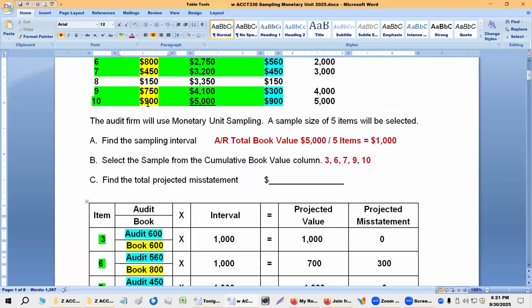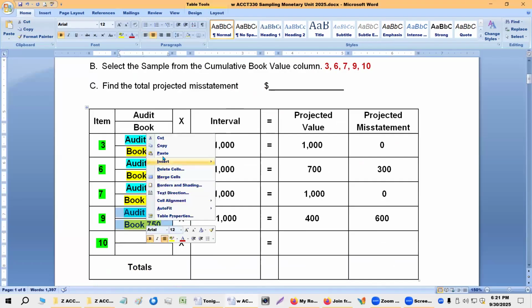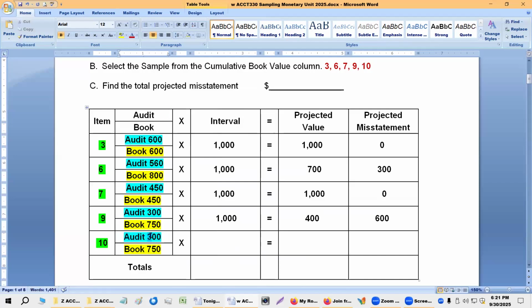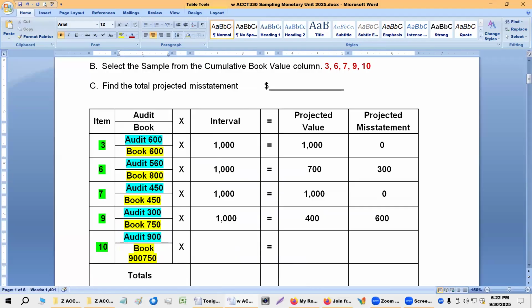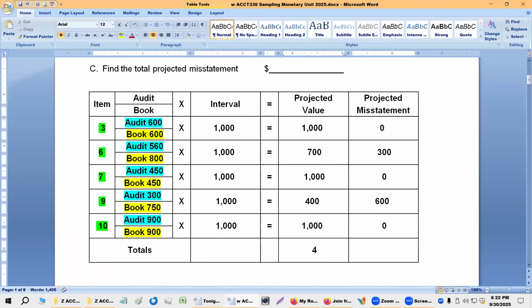And the last one is 900. Okay, so that one's pretty... Go to page 2. Okay, so in these, 100.